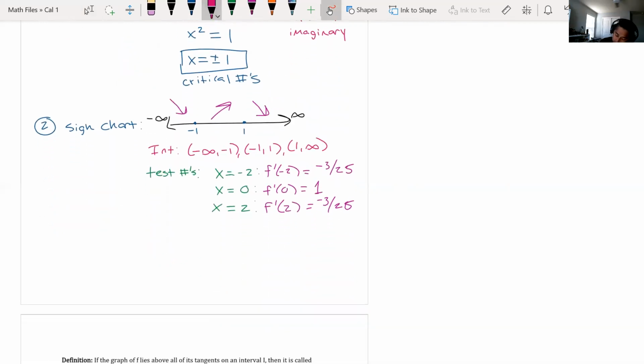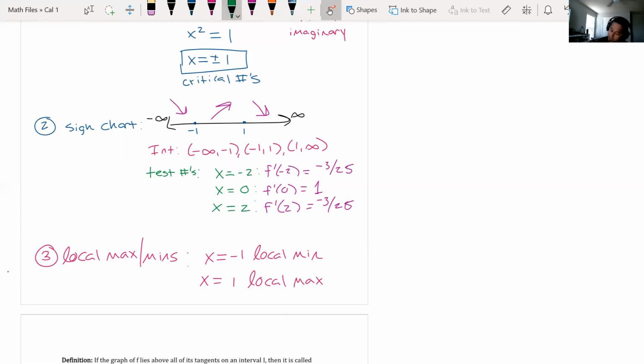Okay. And then local max and mins. So looking at negative 1, you decrease, you increase, we have a local minimum. x equals 1, increase, decrease, you have a local maximum.